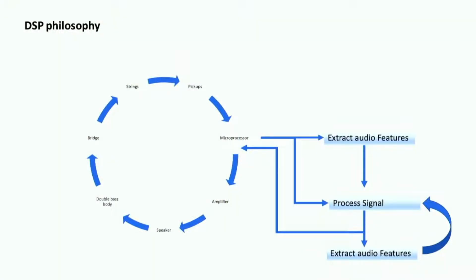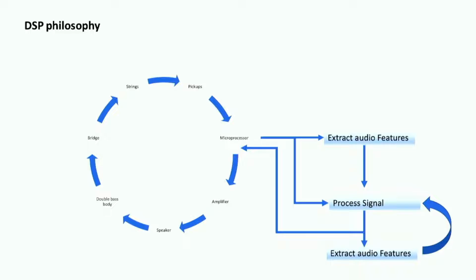So my solution has been, if we go to the next one, this DSP philosophy of trying to embed the signal processing in its actual environment, but also letting it respond, become aware of its own state. And we can do that by using audio features, listening to pitch and amplitude, and using that data to drive processing parameters.